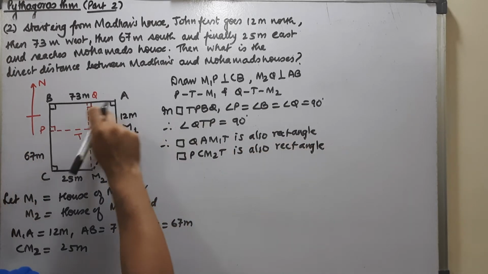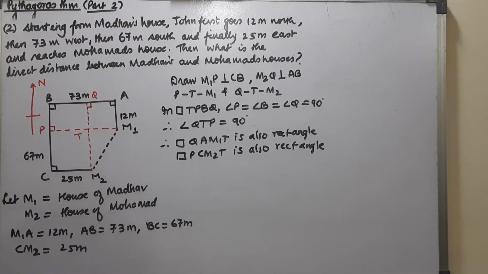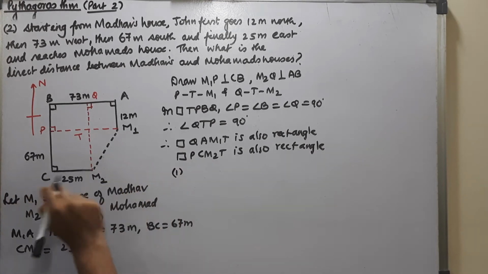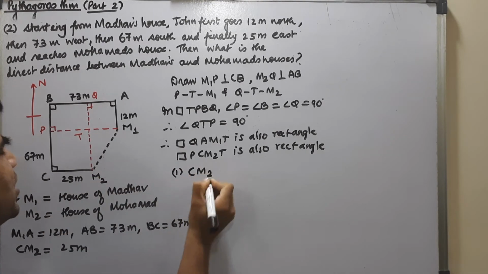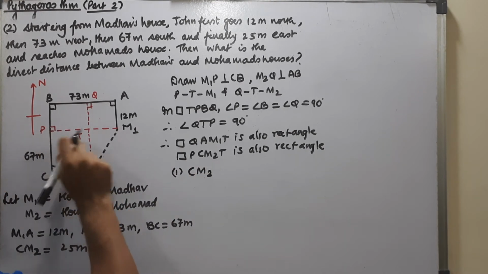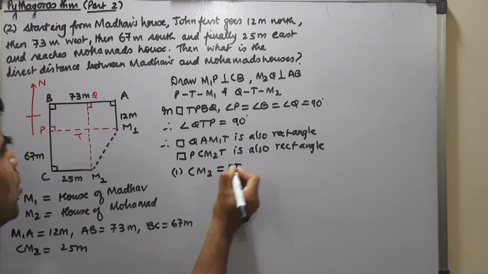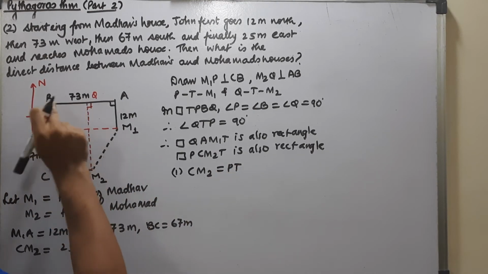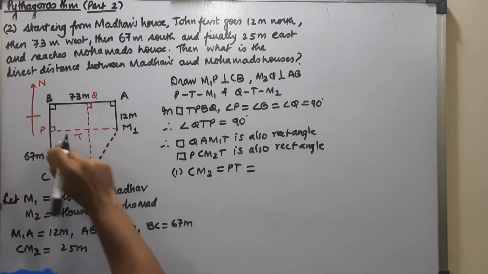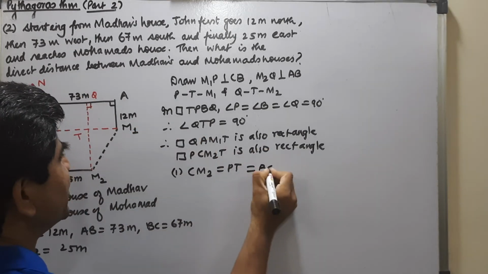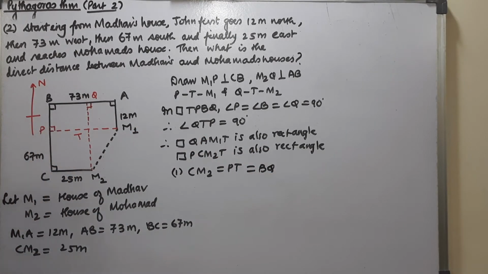That means all four which are there are rectangles. Similarly, what I understand from here is that CM2, opposite to PT, is congruent, and even this is a rectangle, so PT is equal to PQ, right?